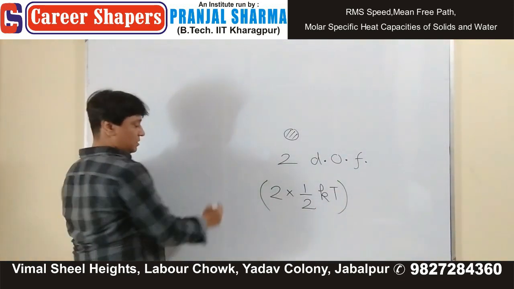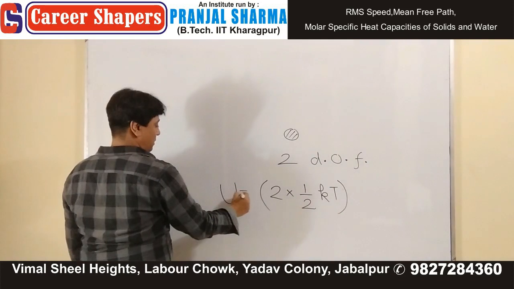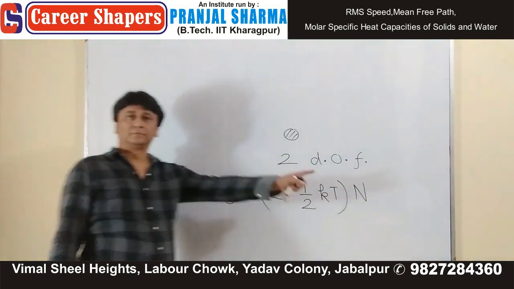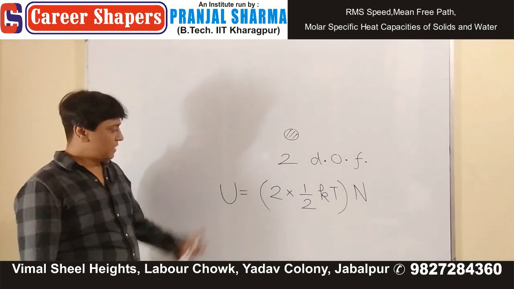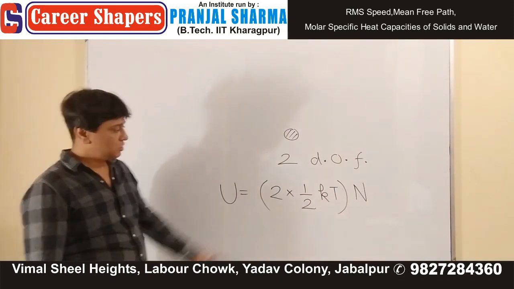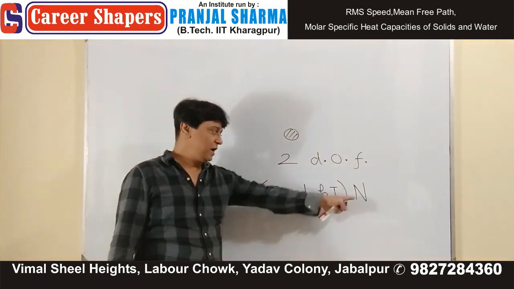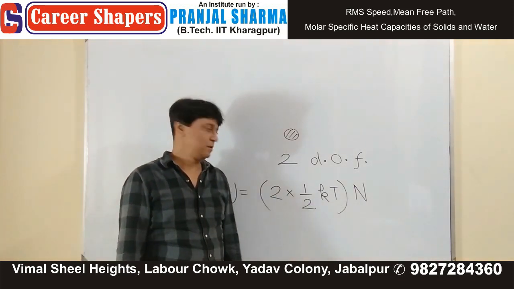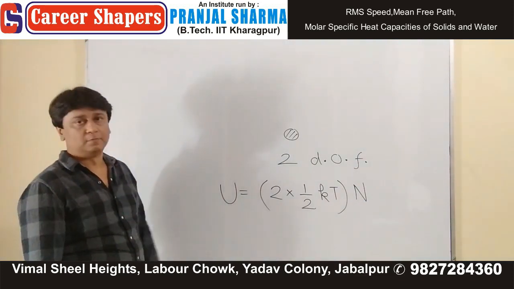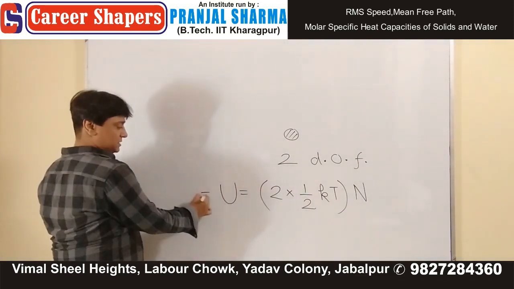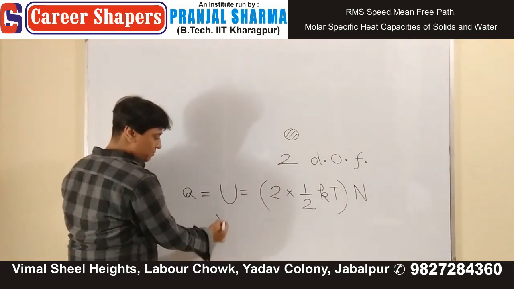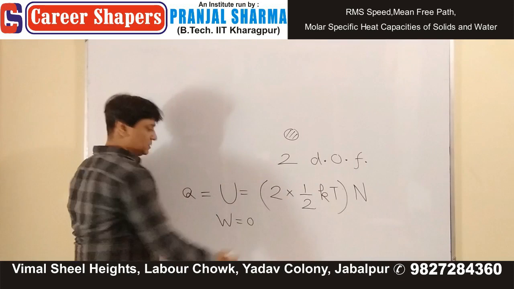If there are n number of atoms, then total energy is 2 into half kT multiplied by n. This U is same as Q because W is 0.